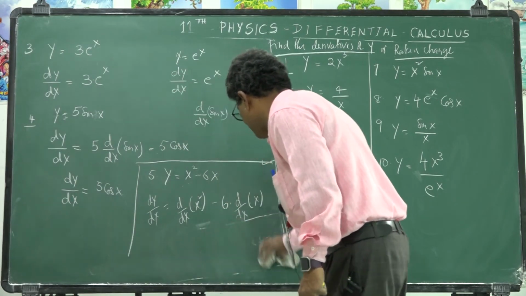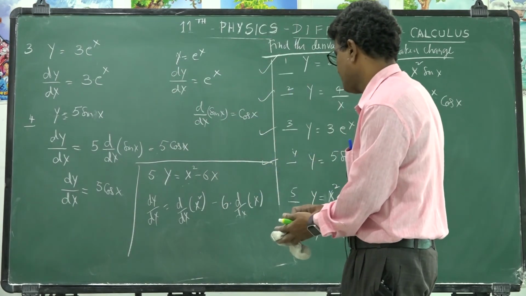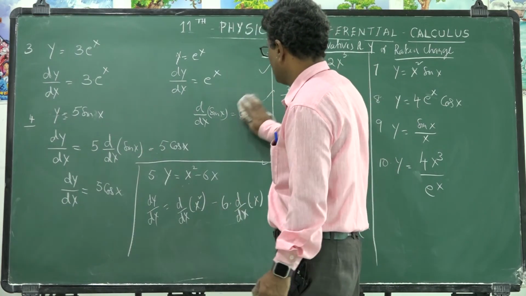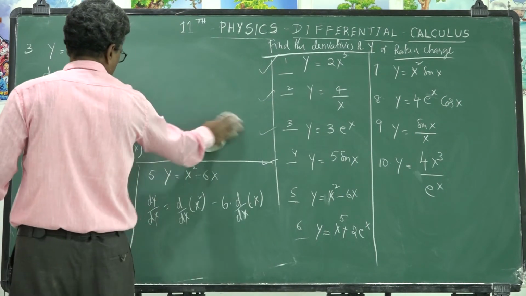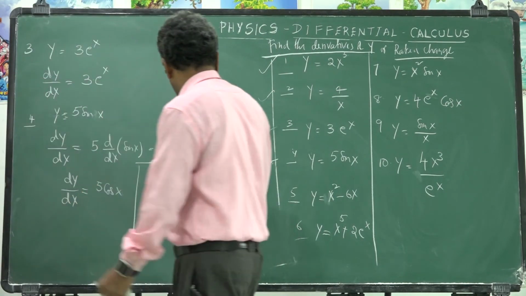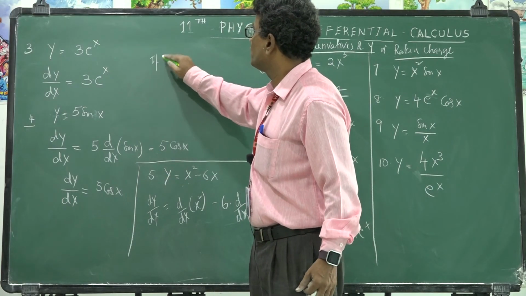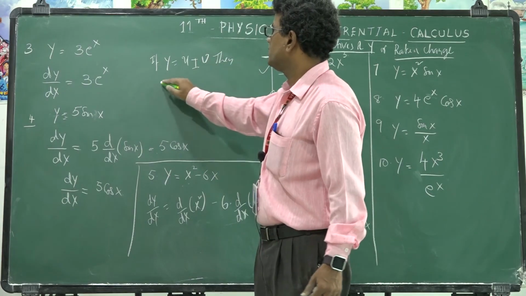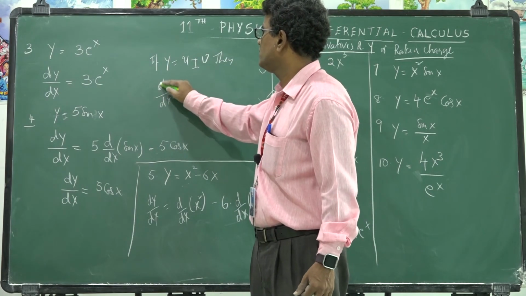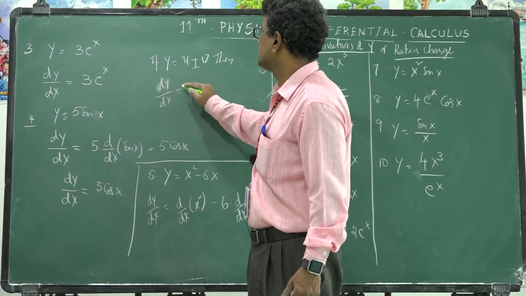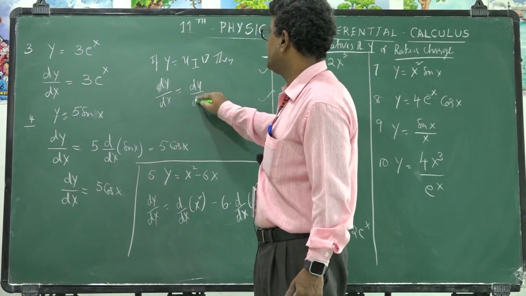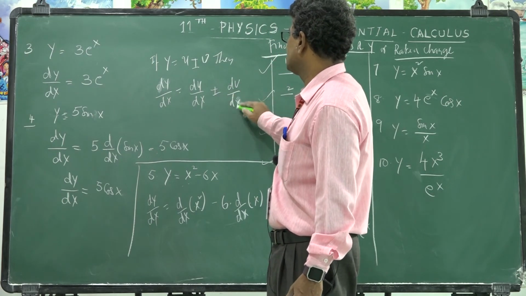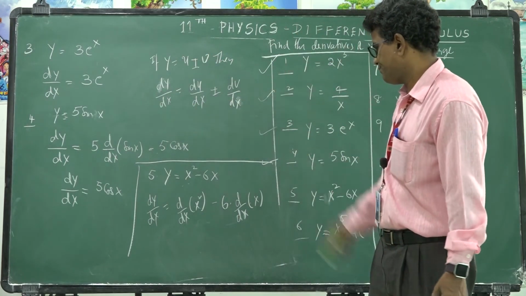Once again I am writing here: if y is equal to u plus or minus v, then dy by dx is du by dx plus or minus dv by dx, like distributive.